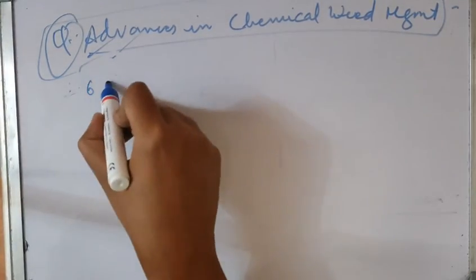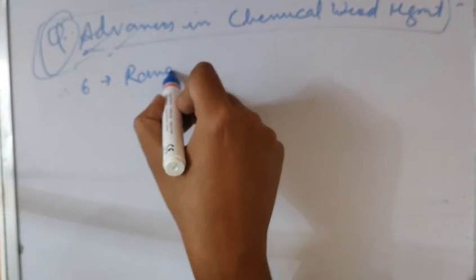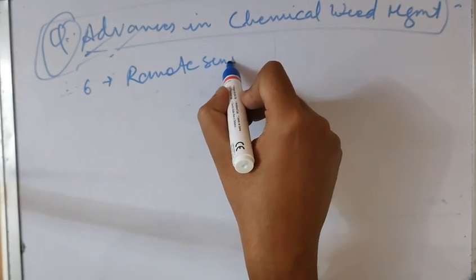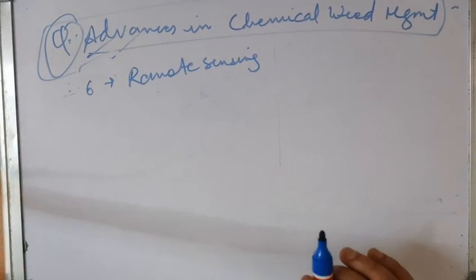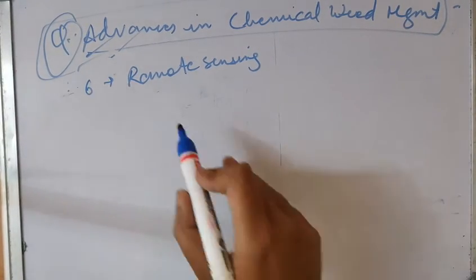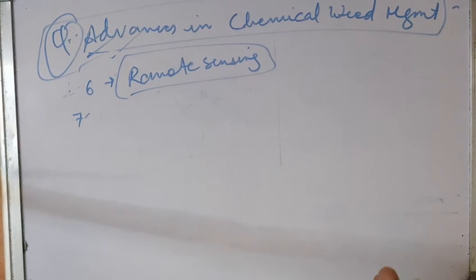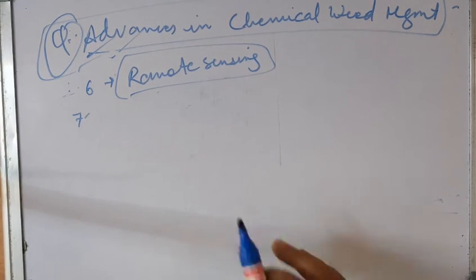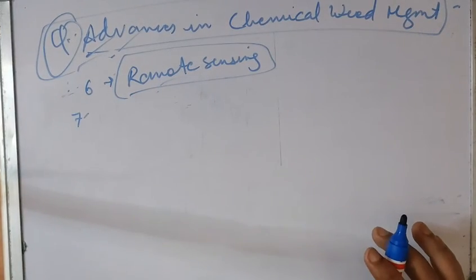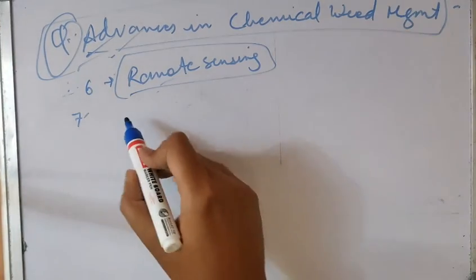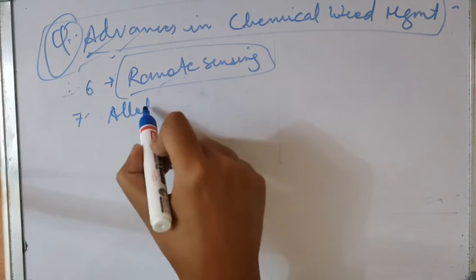Now moving on, we have started use of remote sensing in herbicide application and weed management. So remote sensing helps to detect where the weeds are present, at what amounts, and how much weedicide or herbicide we require. So we are using remote sensing now. Allelopathy interaction.